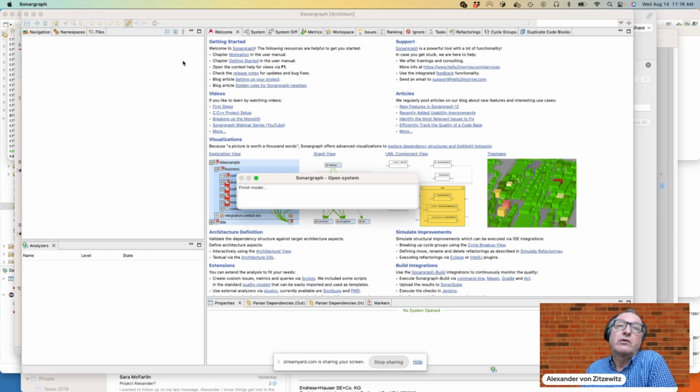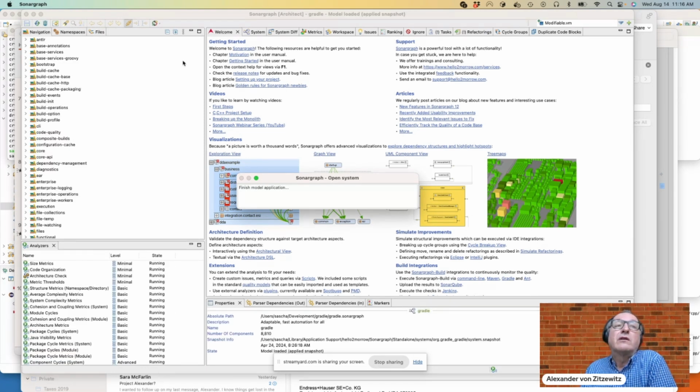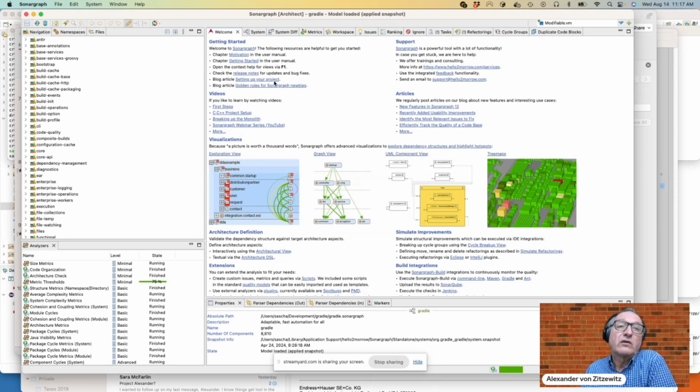It takes a little longer because that streaming software is using some part of my CPU here. Now we have the data. Still some analyzers are running.